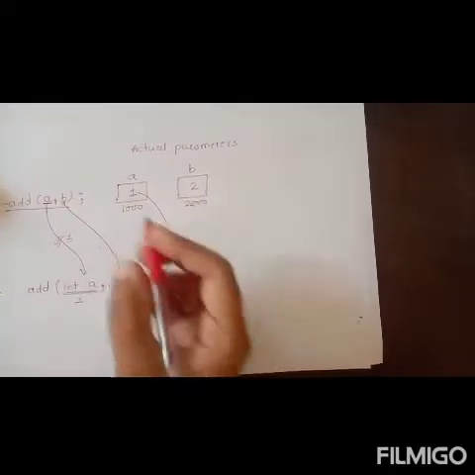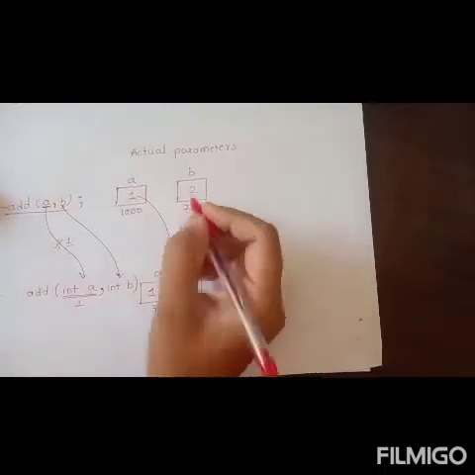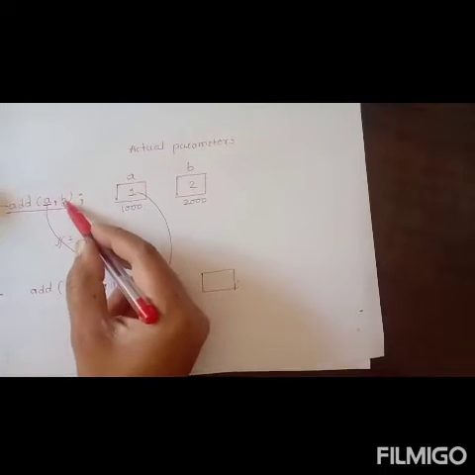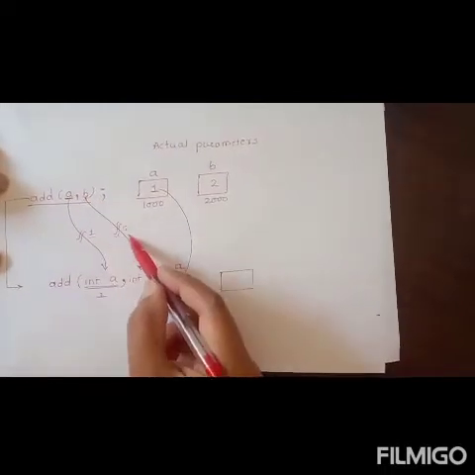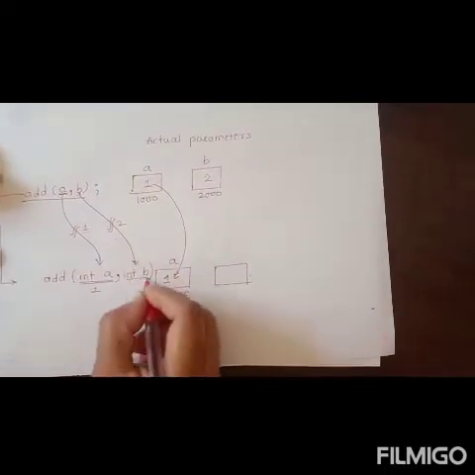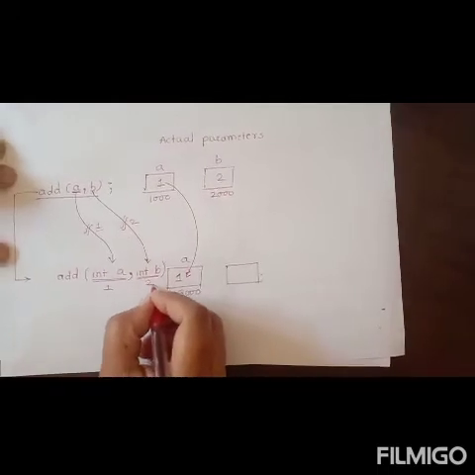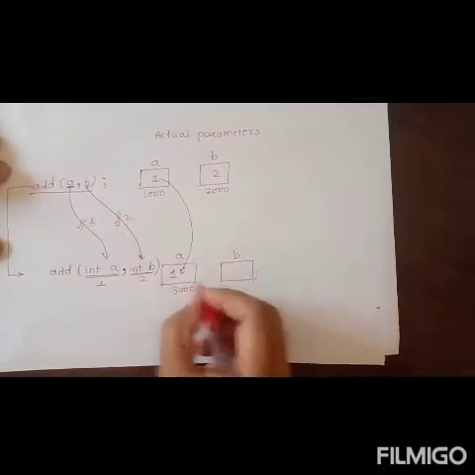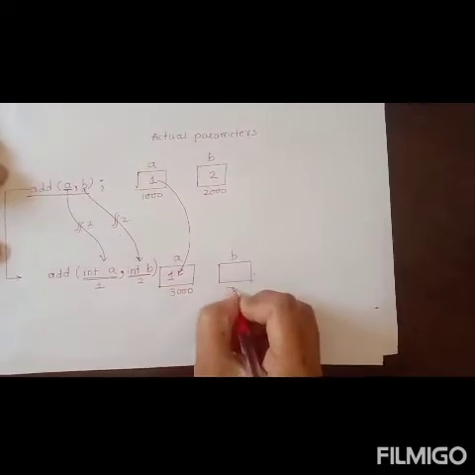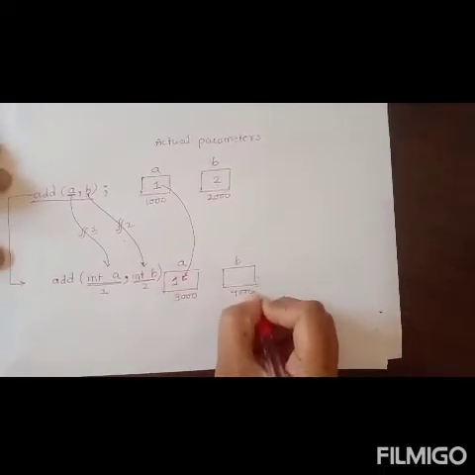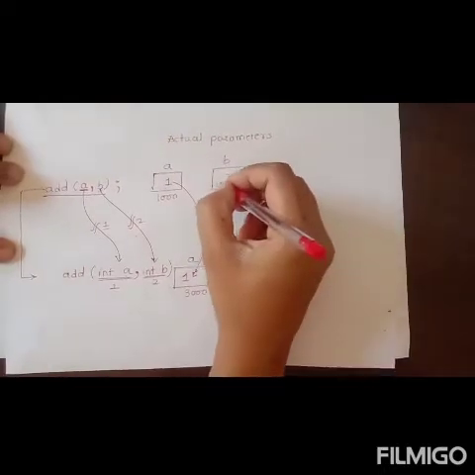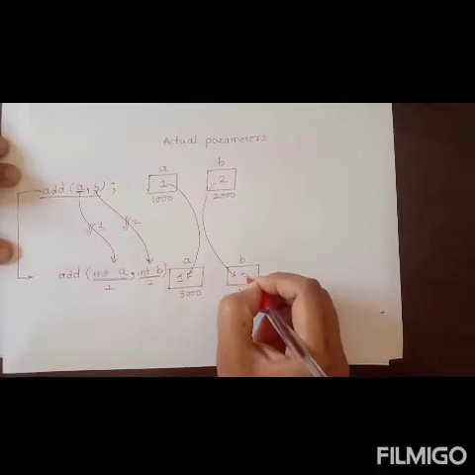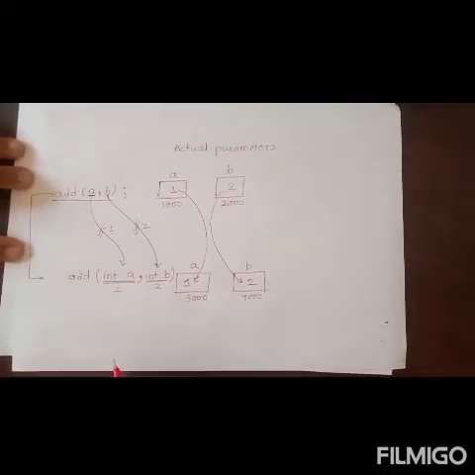Now the value I am sending here is 2. The 2 is sent by the actual parameter, received by the dummy parameter B, and now this B is initialized with value 2. The memory address for this B is 4000, and we are sending this value 2 over here.